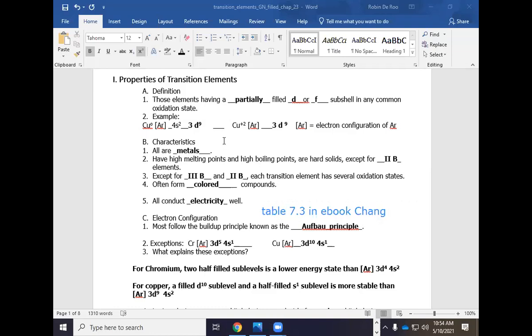Okay, I've got room up here. So let me do silver. Silver is number 47.